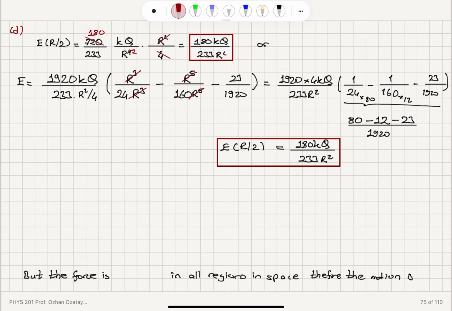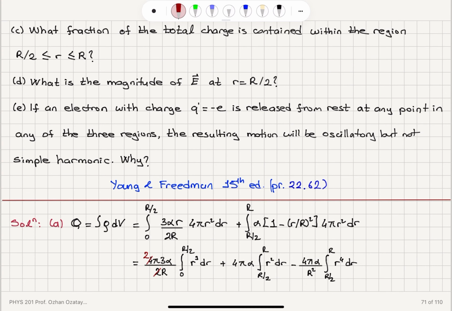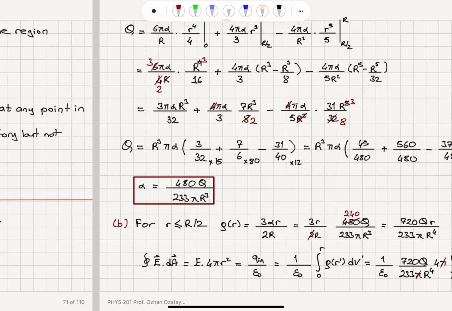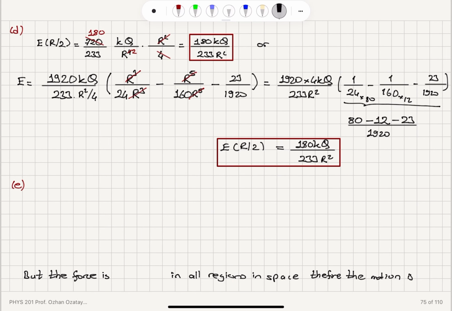Now let's move on to part E of this problem. Part E: if an electron with charge minus E is released from rest at any point in any of the three regions, the resulting motion will be oscillatory but not simple harmonic. Why? So we need to look at the force the electron will feel in different regions.